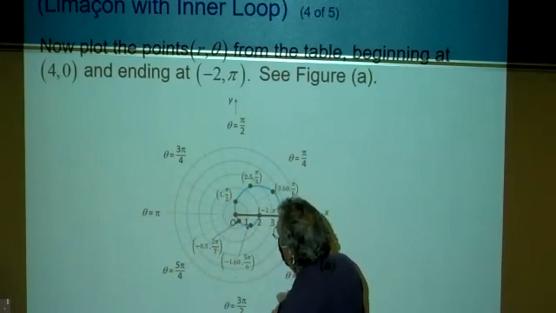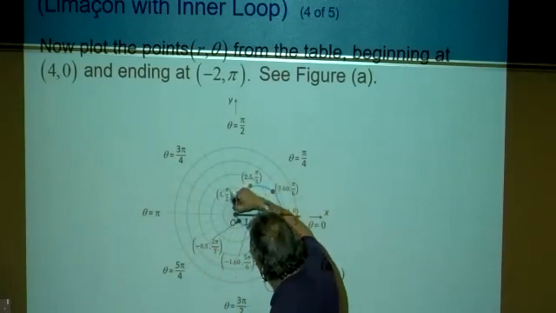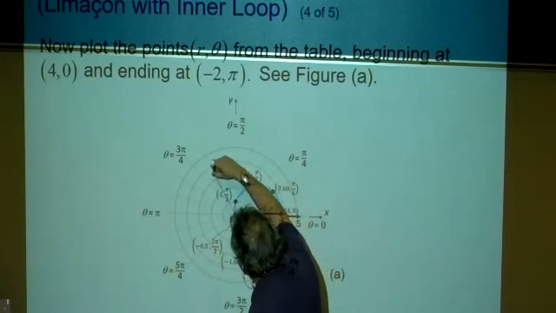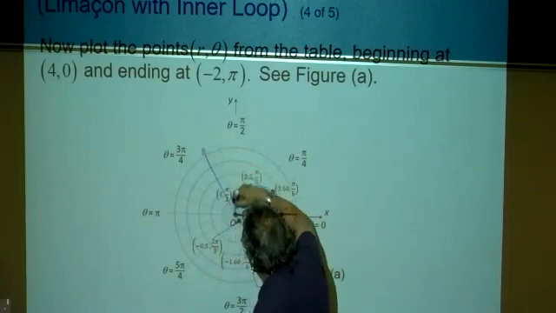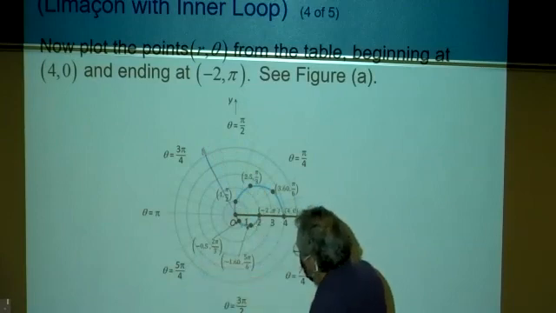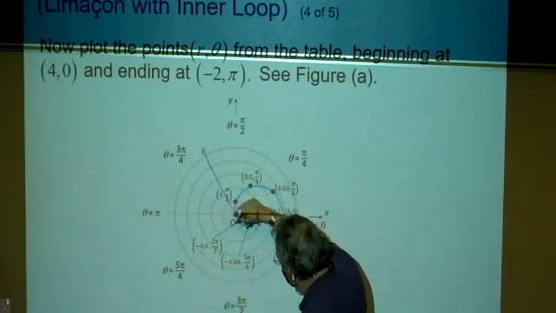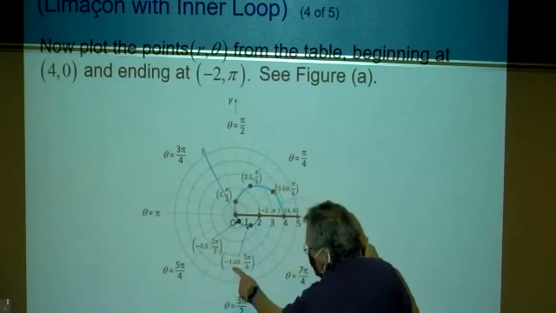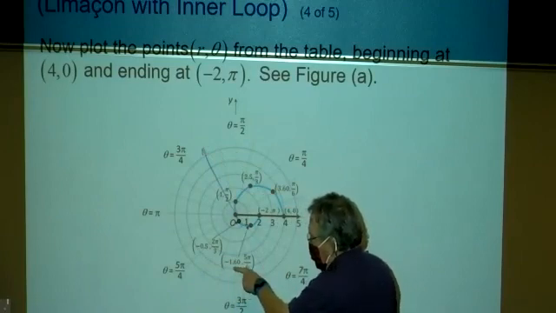Well, 2 pi over 3 is this ray. So that means we want to go in the opposite direction with the negative. So that takes us to this point here. Same thing is true with the negative 1.6, 5 pi over 6.